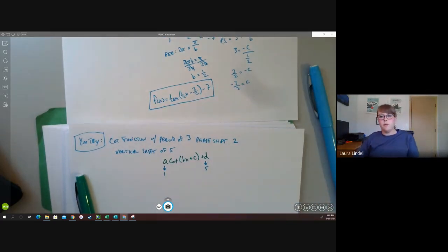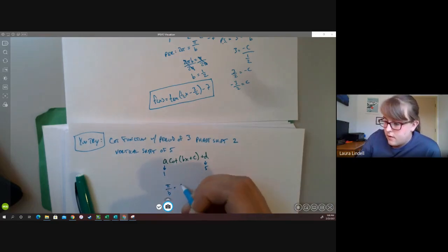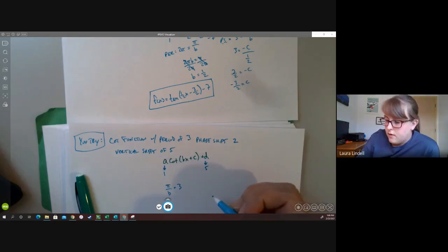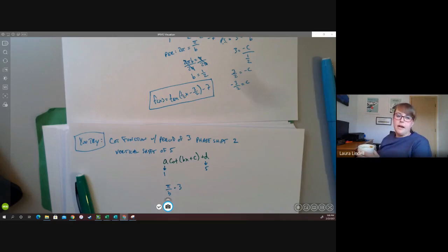If you started off with A is 1 and D is 5, you're on the right track. Then to figure out B, if you started off with the equation pi over B equals 3, you're on the right track.